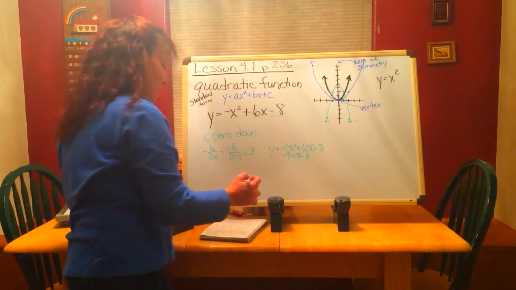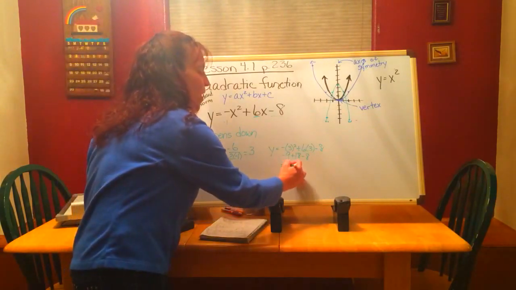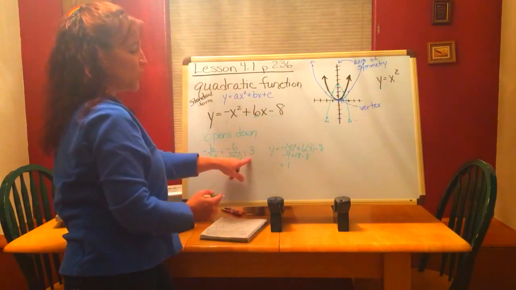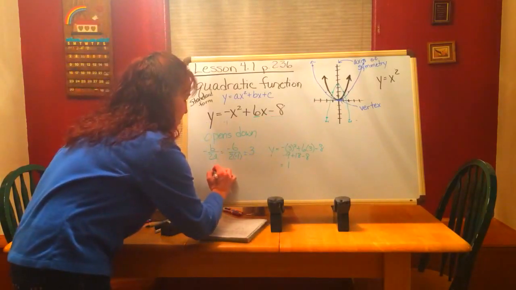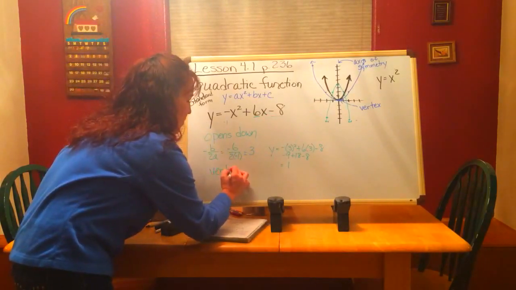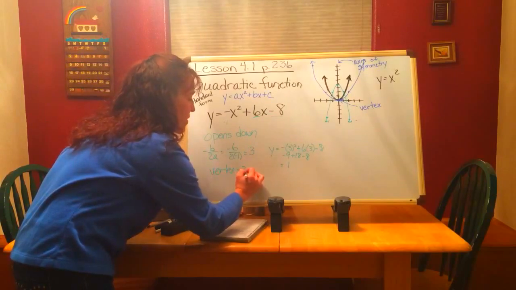When you simplify that down, you get 1. So your x is 3, your y is 1, so your vertex is (3, 1).